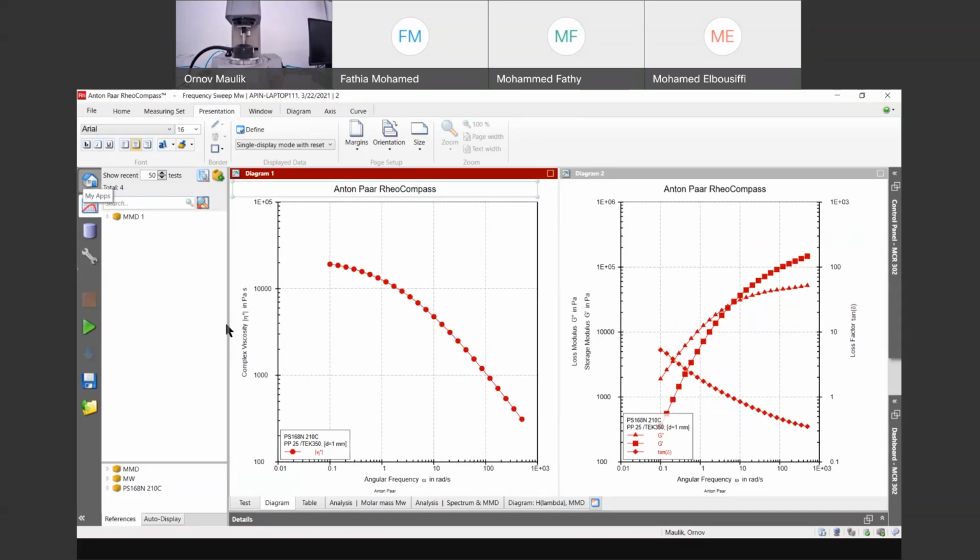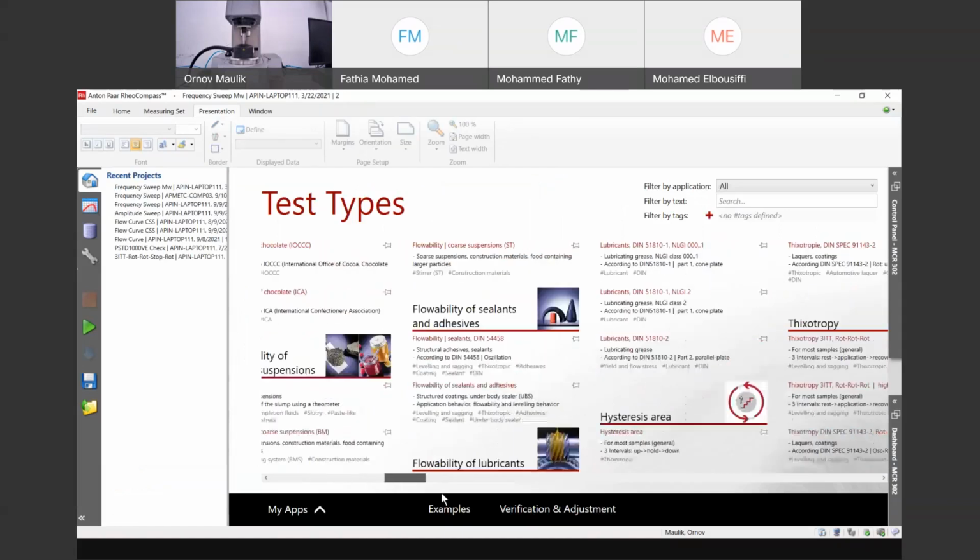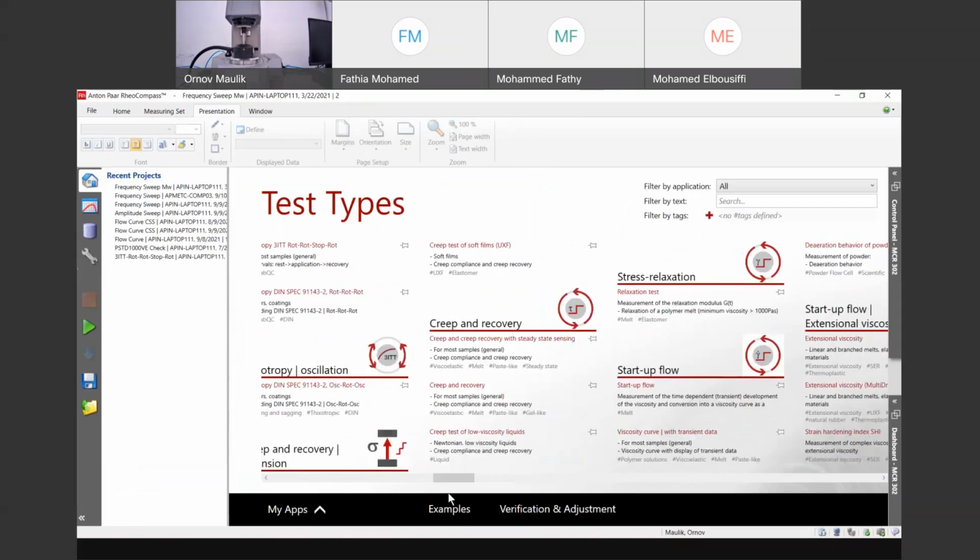In addition to that, you can do multiple other tests. You can do creep tests. You can do stress relaxation. I have not discussed much about the creep test and stress relaxation test, but these are also very important characterization tools for any viscoelastic material. In fact, with the creep test in rheometers, you can also get a complete molecular mass distribution.